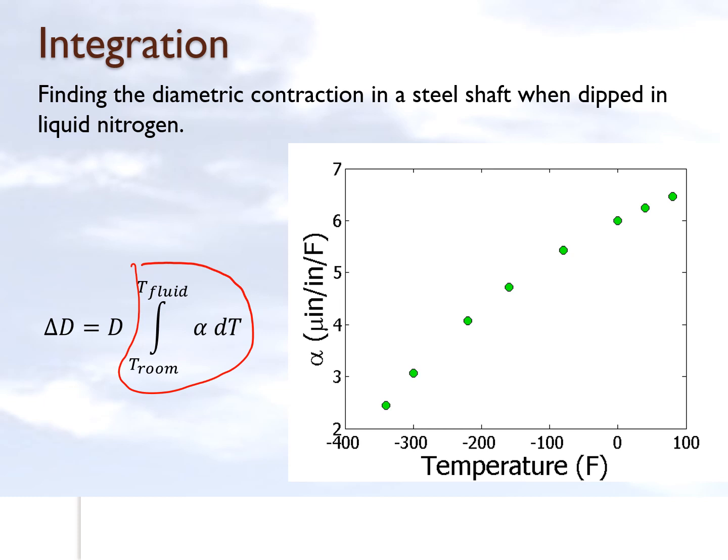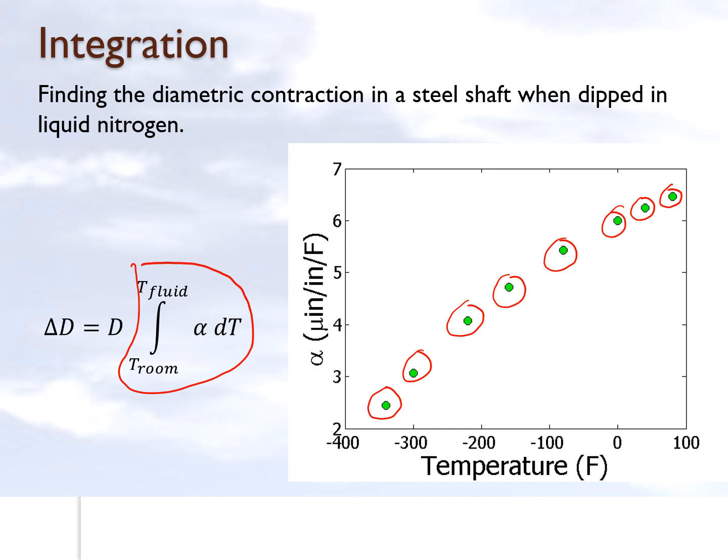Now, the data points for alpha versus temperature are not given as a continuous function, but are only given at specific points. So you will have to somehow be able to integrate this function.